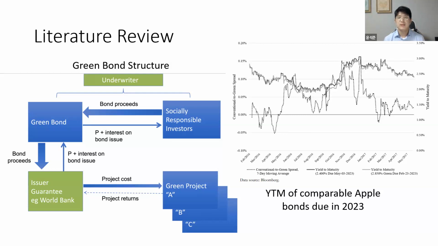But now, since the green bond market has grown tremendously, and Apple keeps issuing green bonds and the proceeds are still being allocated, I thought it was very important to analyze Apple's green bonds, extract data, and find out if there is a real existence of greenium now.